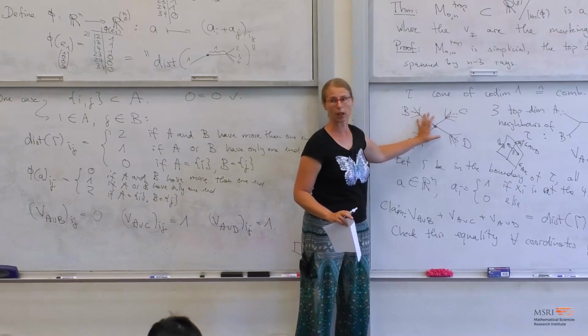If I try this just like that, it might not be a nice fan because the cones don't have to fit nicely. But I can always produce a subdivision of sigma 1 such that this works. And I don't care, so I subdivide as much as I must in order to produce something such that this collection of cones is actually a fan.